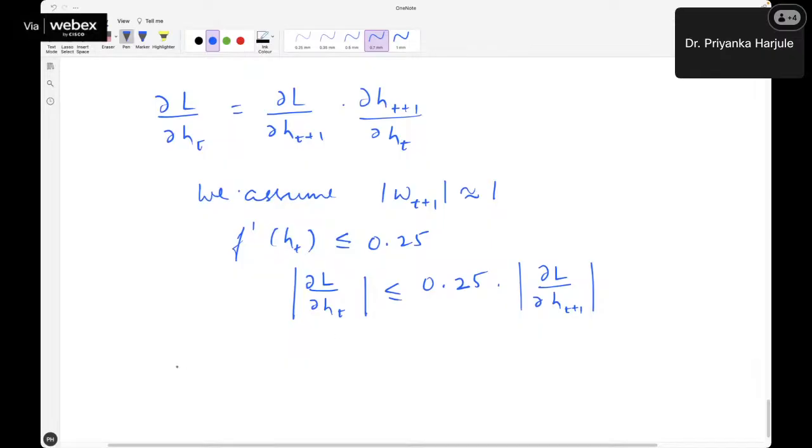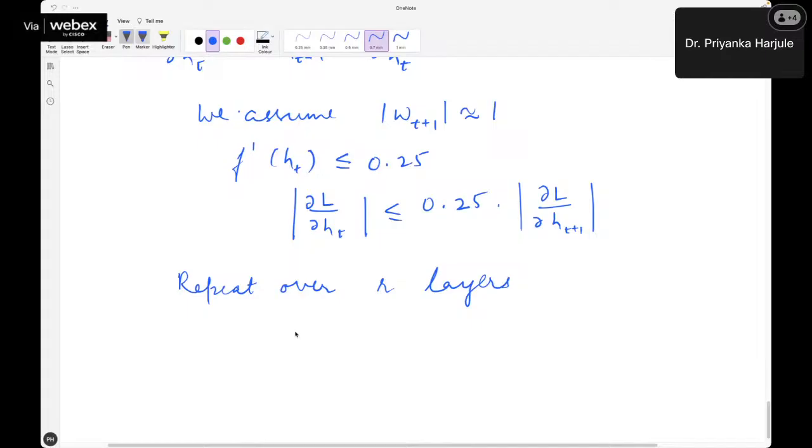When this repeats over r layers, where r is a subset of m that we considered earlier, what do we have?